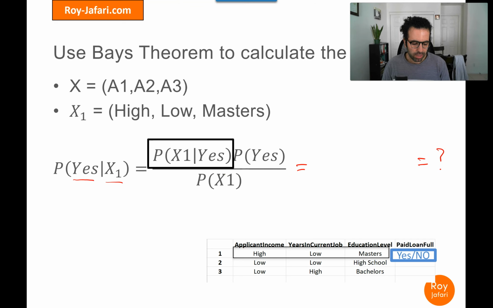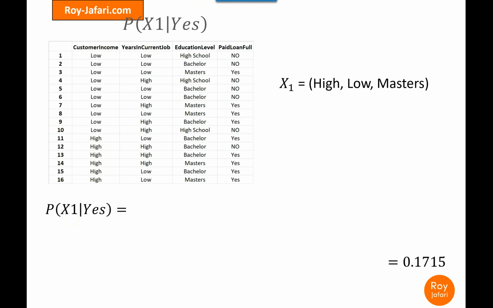So let's start with probability of x1 given yes, right? If we want to calculate this probability value with our assumption that these are independent, we can say probability of x1 given yes is equal to probability of income equal to high given yes, multiplied.